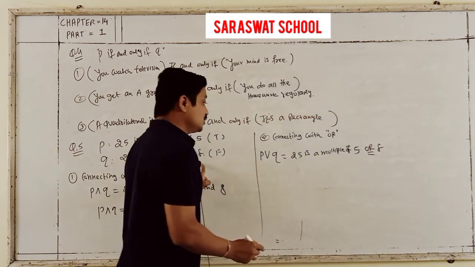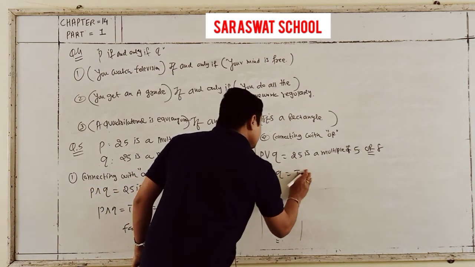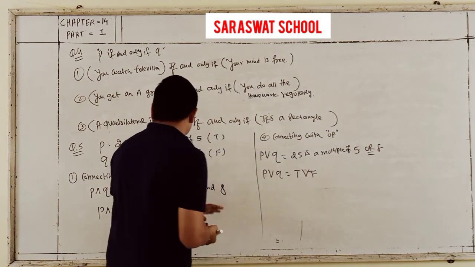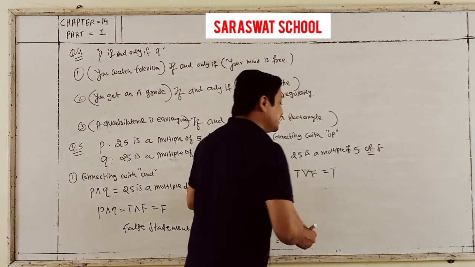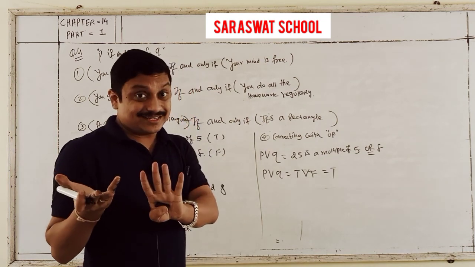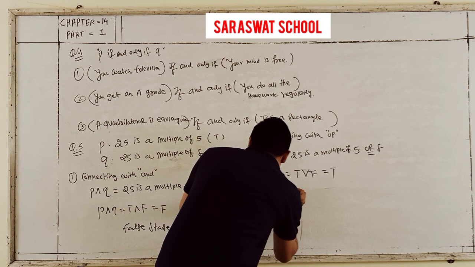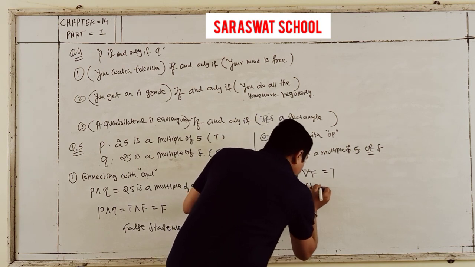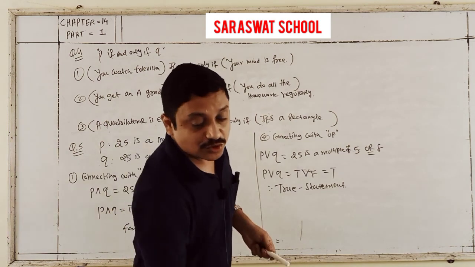So here also, students, it is a disjunction, P or Q, truth value: true disjunction false, false or true. The first is true but the second is false. So my answer is that overall it is true. Therefore the given statement is a true statement. Here, students, your question number 5 also done.